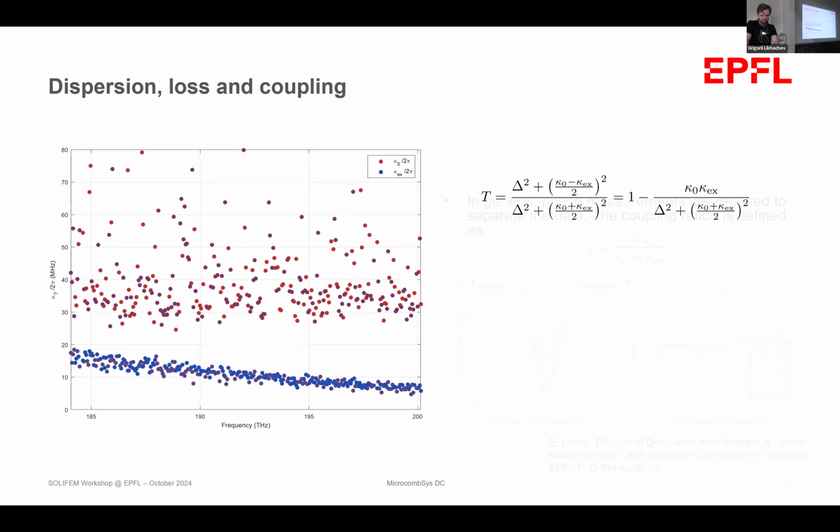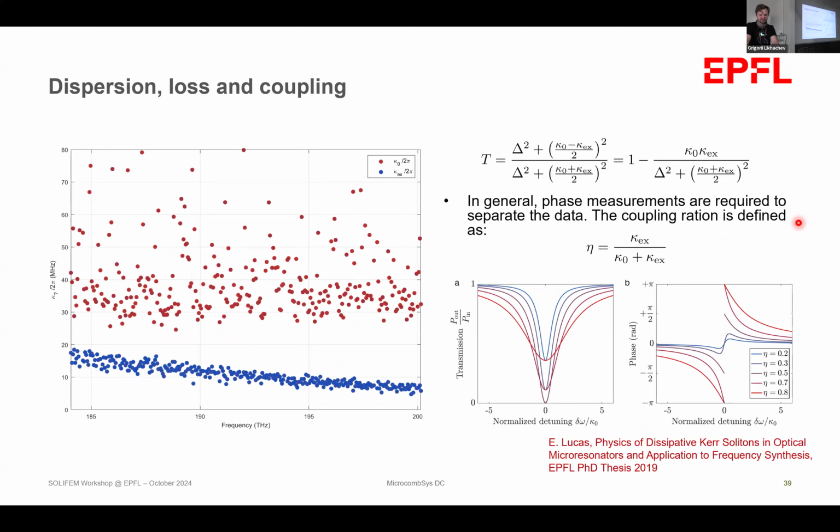And the trick is that to process this data, we need to take a look at the phase of the resonance. Because for different resonances, the phase changes differently, as you can see here, with respect to the tuning. Not only the transmission, but the phase as well. And by analyzing the phase, this is how one can check if the resonance is overcoupled or undercoupled.